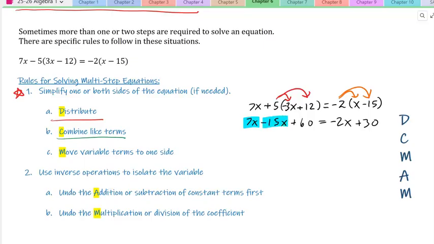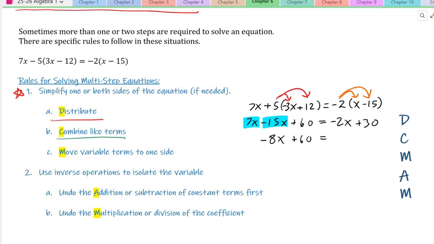Those can be combined on the left side of the equal sign. So 7x and negative 15x gives us negative 8x. And then everything else comes down.